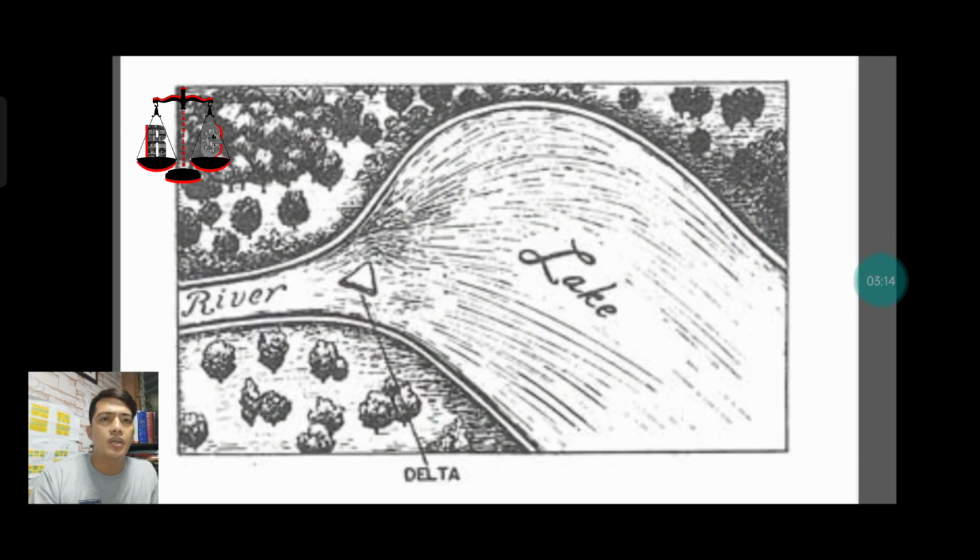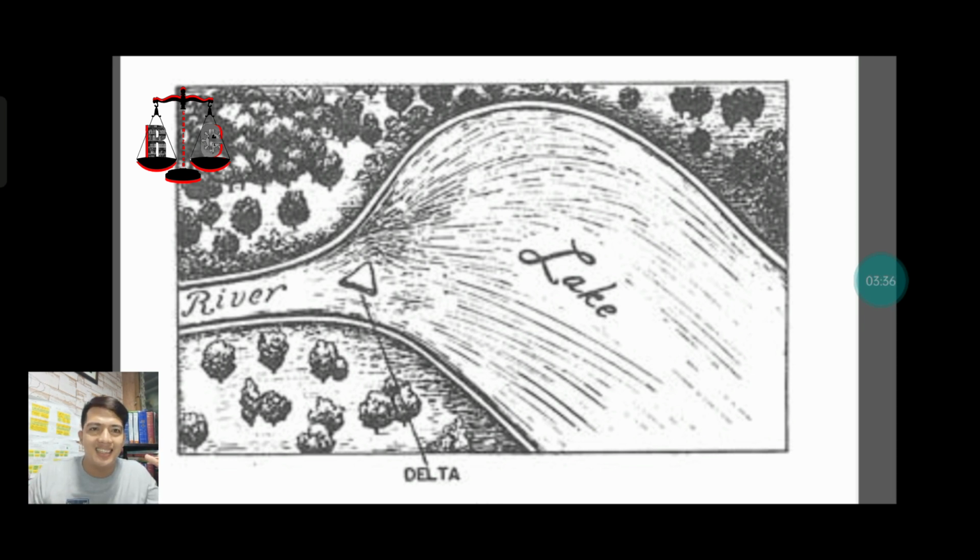Now let us proceed to the definition of the so-called delta. Mura siya application ba? Kung mingon tag delta daw, based on their definition under the Webster Dictionary, kuan siya susama sa usa ka river and the sea and of course sa usa ka lake.